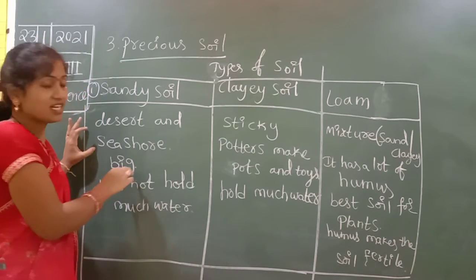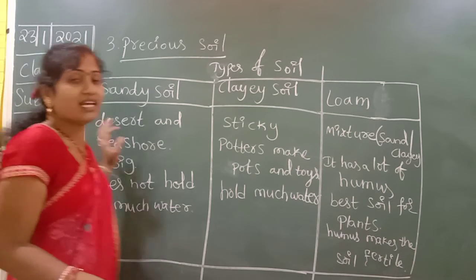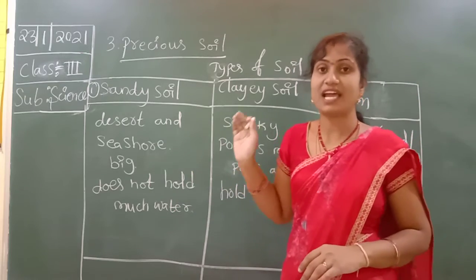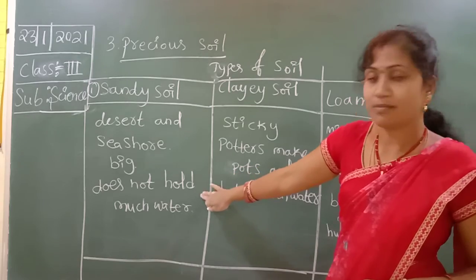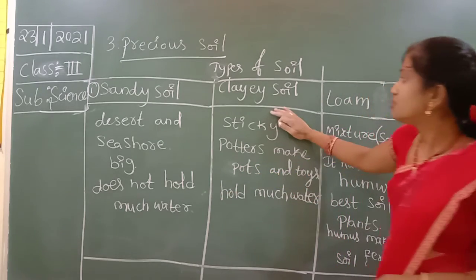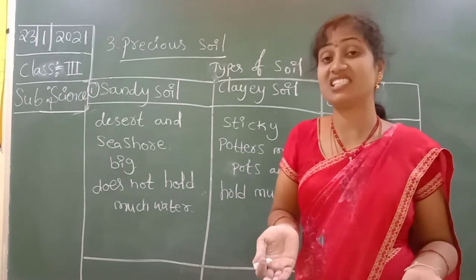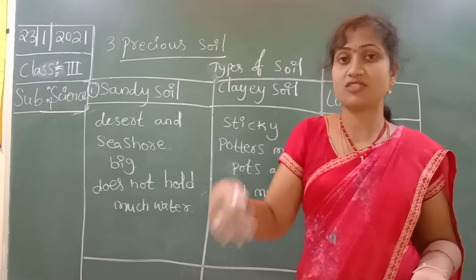The soil particles are very big, so there is a lot of air space in that sandy soil, and it does not hold much water. We know sand very well. When we touch sand, it pours and keeps going.